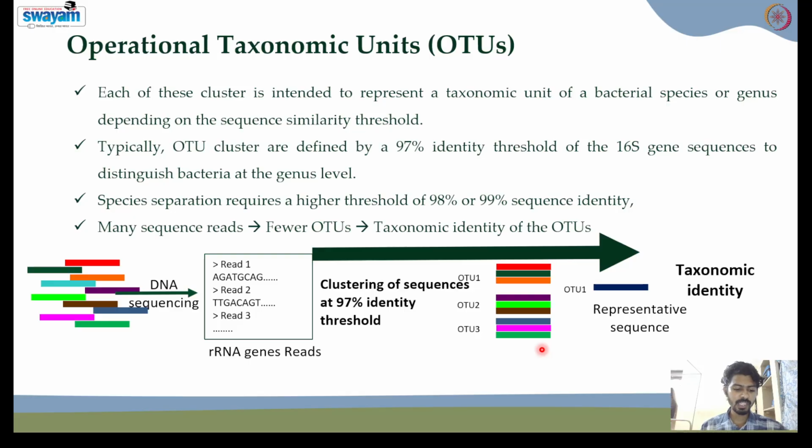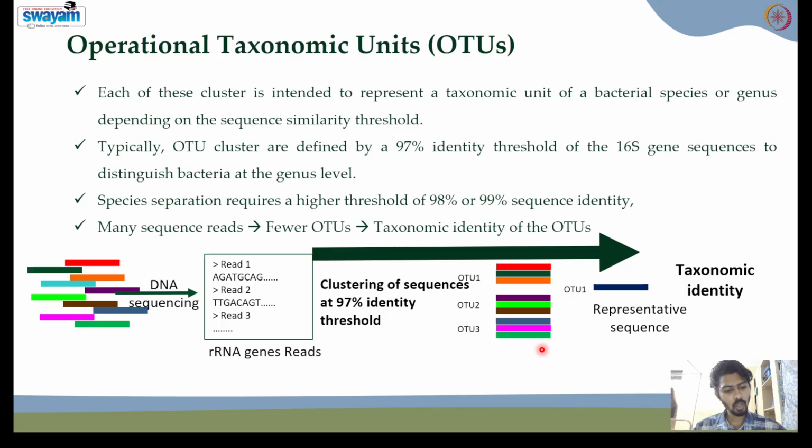So if we apply this operational taxonomic unit, where sequences have more than 97% identity, it will be easier for our analysis and we could get a clear picture of the microbial diversity.